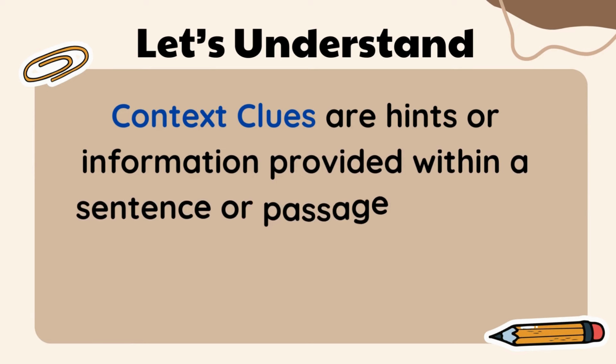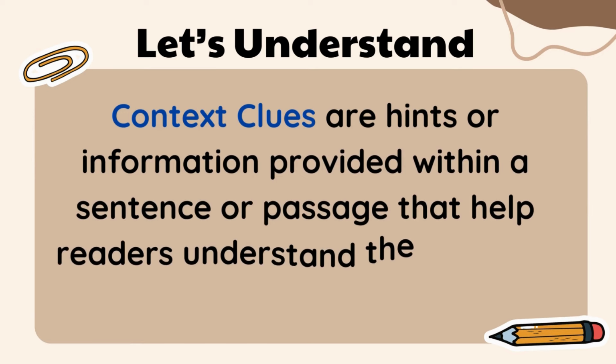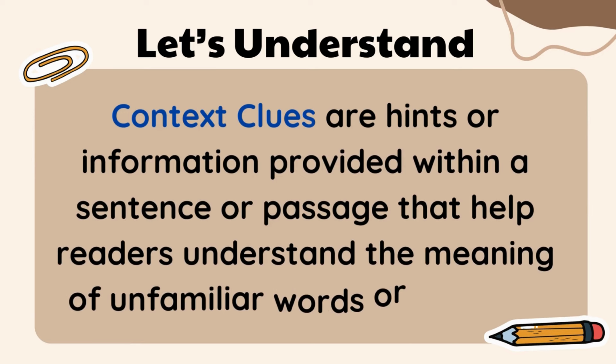Context clues are hints or information provided within a sentence or passage that help readers understand the meaning of unfamiliar words or phrases. Understanding these clues will help us infer the meaning of the borrowed words.